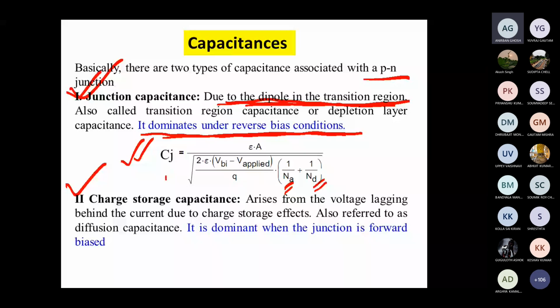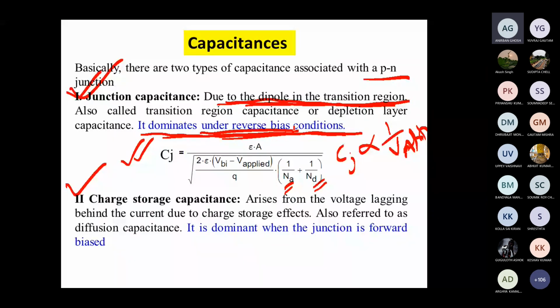That means Cj is inversely proportional to what? The applied voltage V. Whenever you apply more reverse voltage, the junction capacitance will decrease. This is the depletion capacitance or junction capacitance.